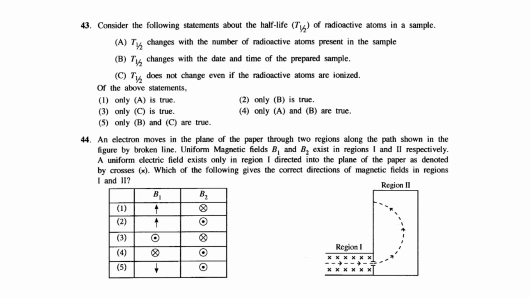If there is a force out of the book, the electron will not move in a straight line as shown in the figure. So, to keep the electron moving in the straight line as shown in the figure, there must be another force which is opposite in direction to the electric force. That is the magnetic force. Magnetic force on the electron must be into the book.